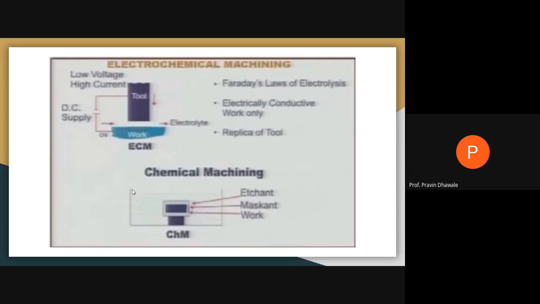The surface exposed to the etchant has material removed because of the chemical action. So by using chemical reaction, we can remove material from the workpiece. That is all about the chemical machining process. Just draw the block diagram for electrochemical machining and chemical machining.